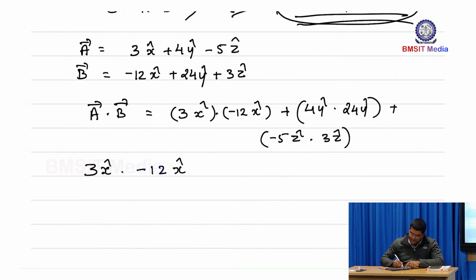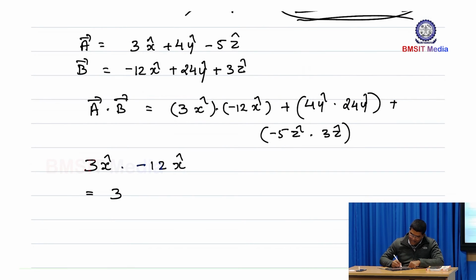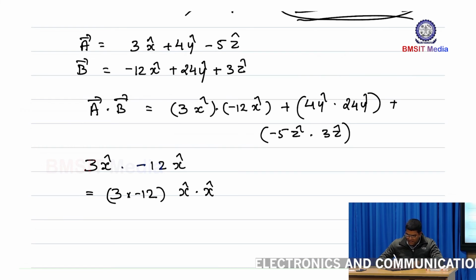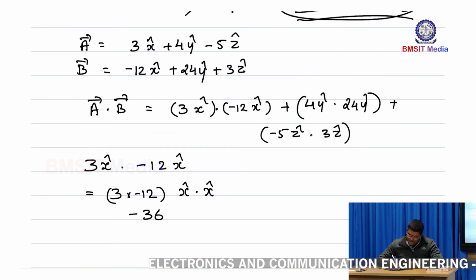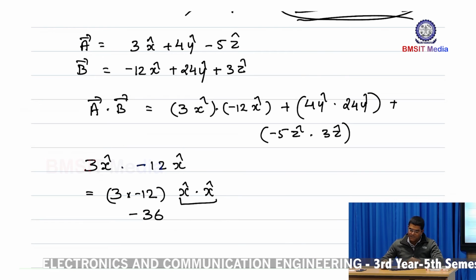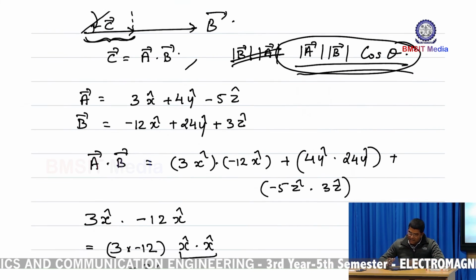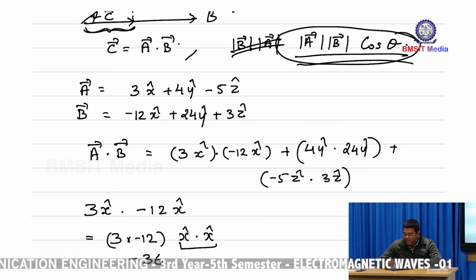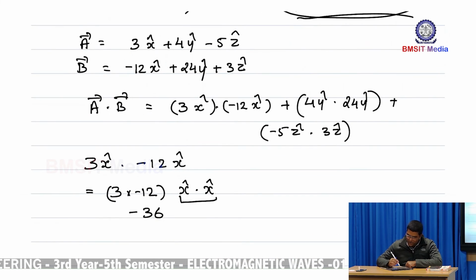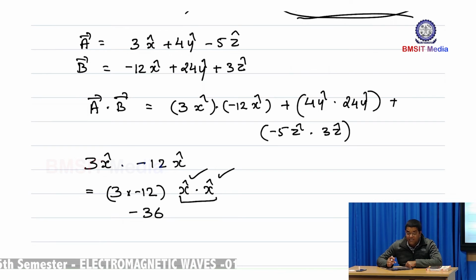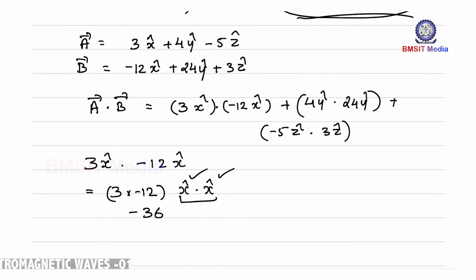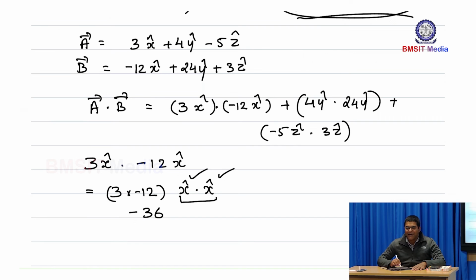I can take 3 and minus 12, 3 times minus 12, and the direction part is only x cap dot x cap. So 3 into minus 12 is minus 36. And what is x cap dot x cap? As per the definition, it is magnitude of A into B into cosine of the angle between them. When you consider the direction vector, it has a magnitude of 1, and the angle between these two, x cap and x cap.